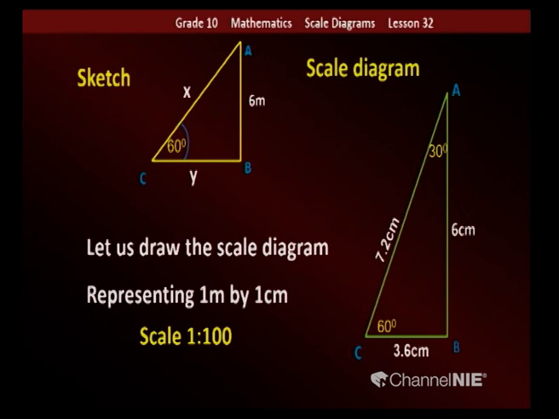So at the point A, using the protractor, I am measuring 30 degrees and I will draw the line AC. Now the triangle is completed, and in the scale diagram I can measure the length CB and AC, that is y and x.